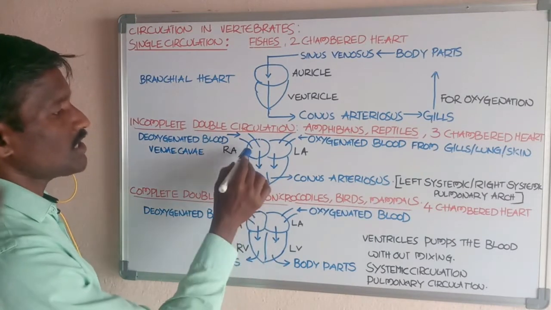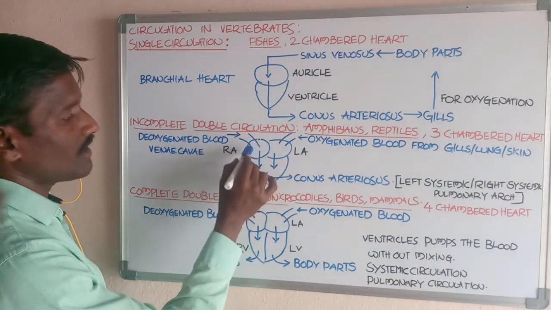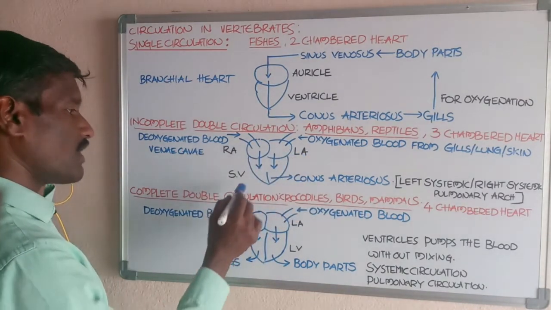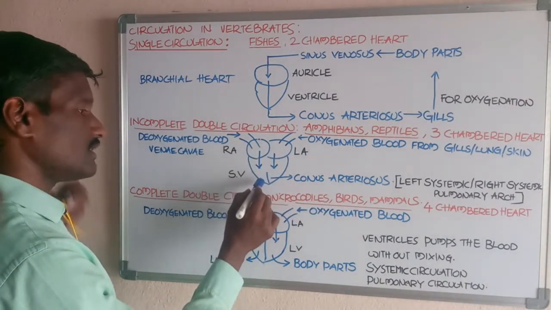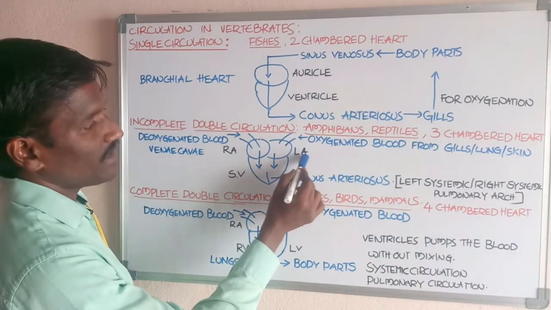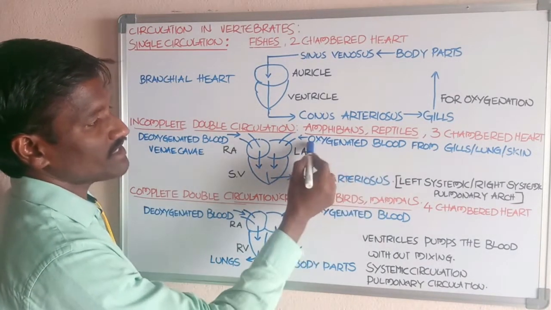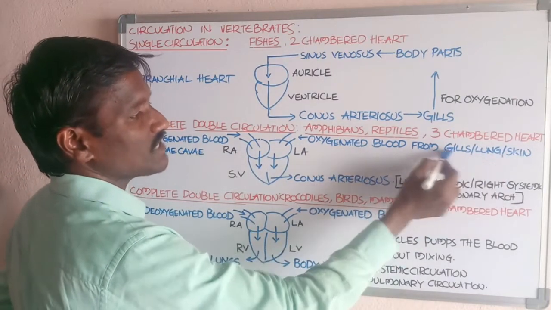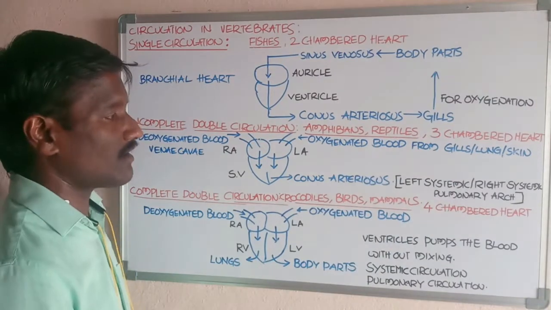In this three-chambered heart, the upper two chambers are the right atrium and left atrium, and the lower chamber is called the single ventricle. The left atrium receives oxygenated blood from the gills, lungs, and skin, which act as respiratory organs.